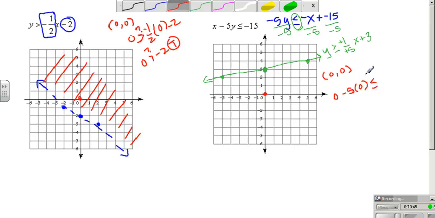Is that less than or equal to negative 15? Is 0 less than or equal to negative 15? Well, that is false. So not only does 0, 0 make it false, everything on this side makes it false, which means everything on this side makes it true.